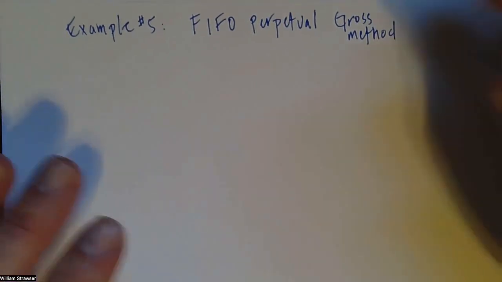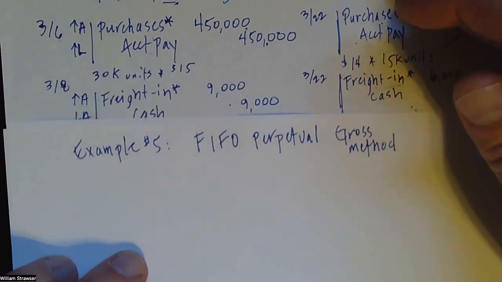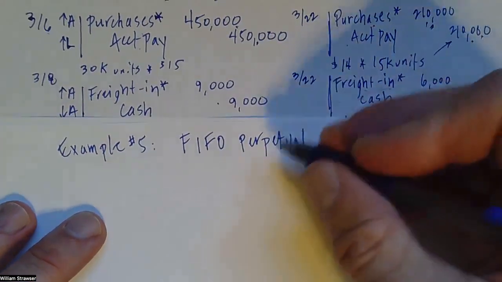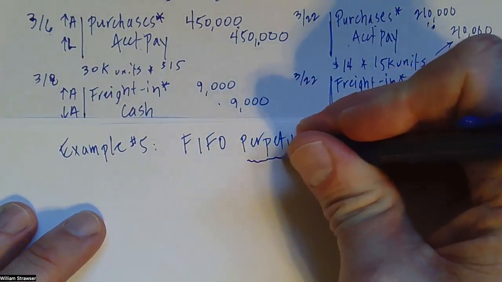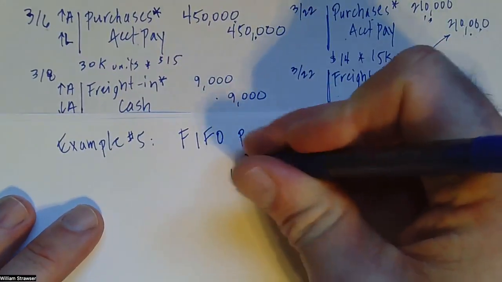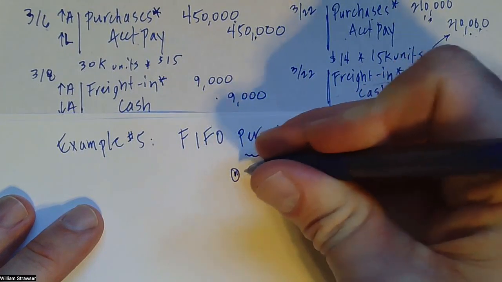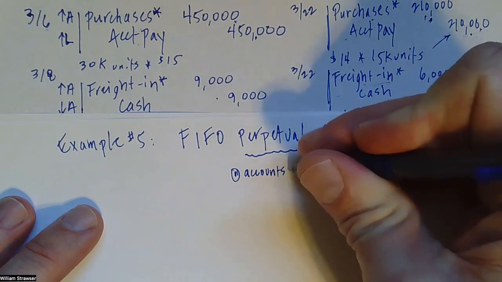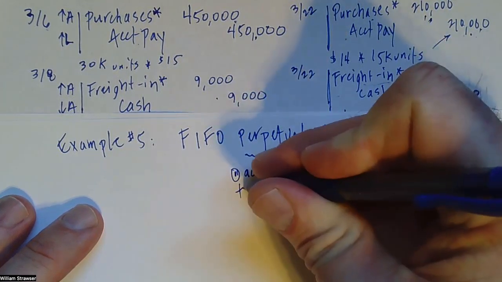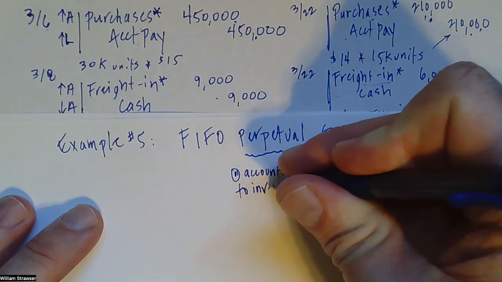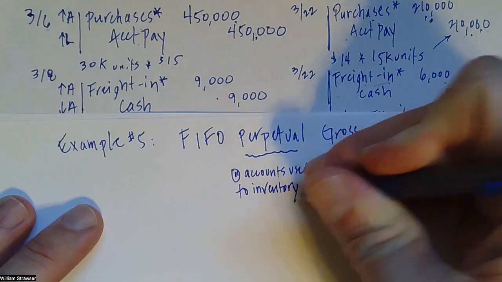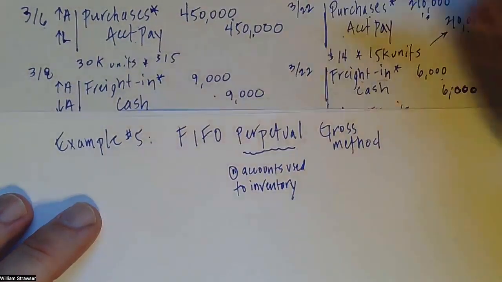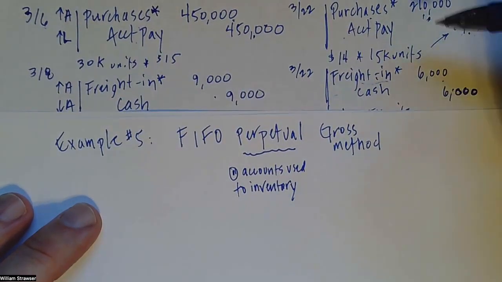Now, other than that, the perpetual system, remember what each of these affects. So perpetual versus periodic, this is going to affect really two things. Primarily, it affects the accounts used to record inventory. So under the periodic system, we have the 2 adjunct and 2 contra accounts: purchases, freight, purchase returns, purchase discounts.